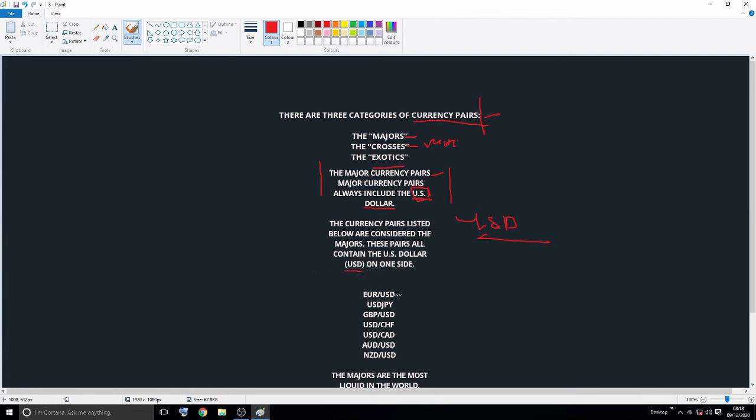You see EURUSD, USDJPY, GBPUSD, USDCHF, USDCAD, AUDUSD, NZDUSD. They all have USD. So when we talk about major currency pairs, we are talking about pairs that include the US dollar.